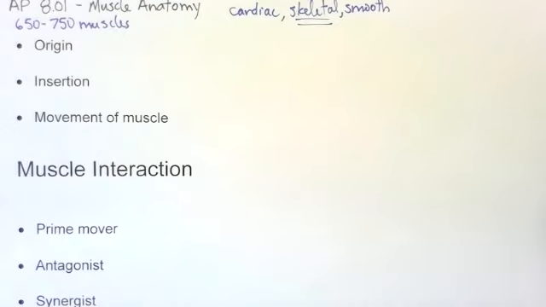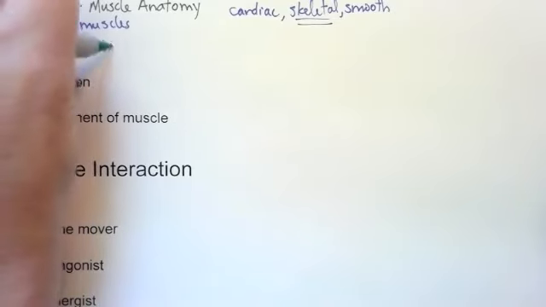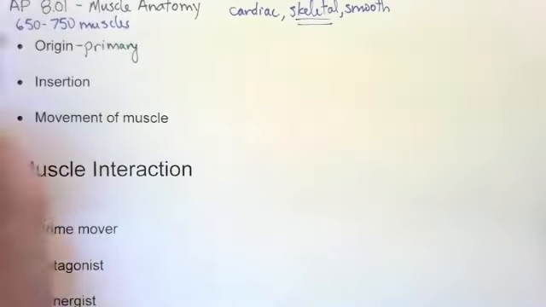And in this first video, we're going to talk about how we can group muscles. So we can group muscles based on where they're found. And when we talk about the location of muscles, we talk about origin and insertion. Origin is, we're going to define that as the primary muscle attachment.